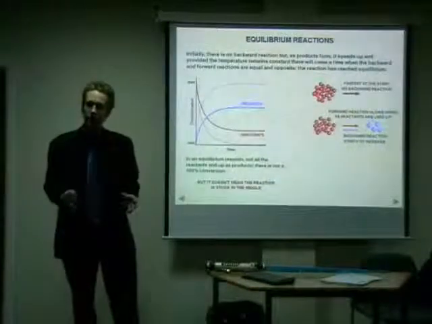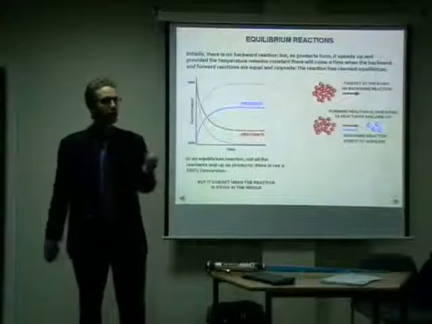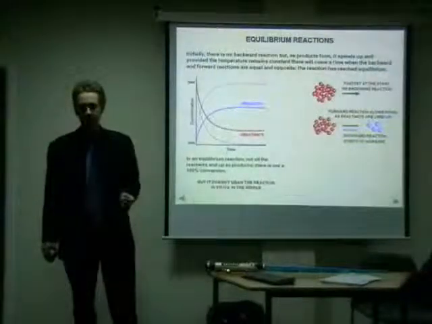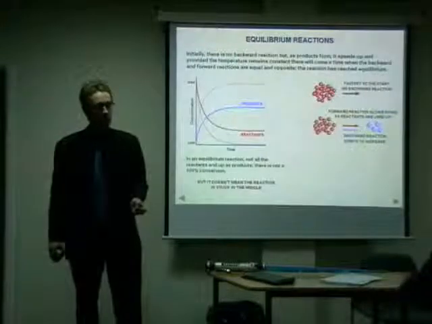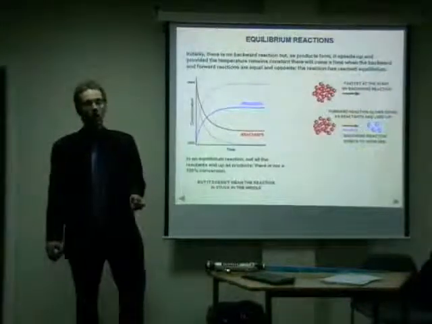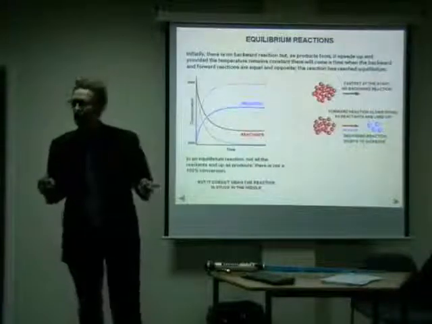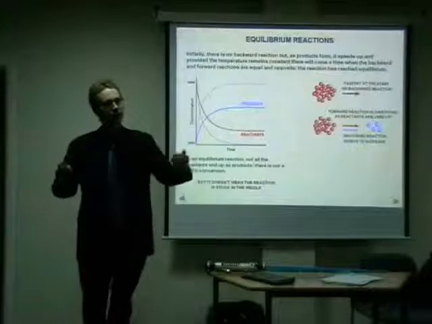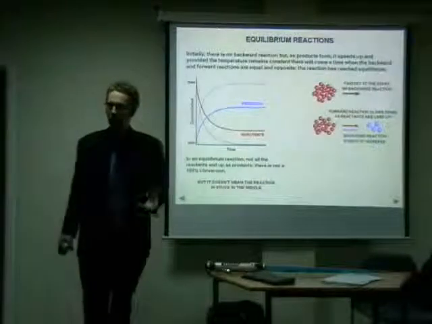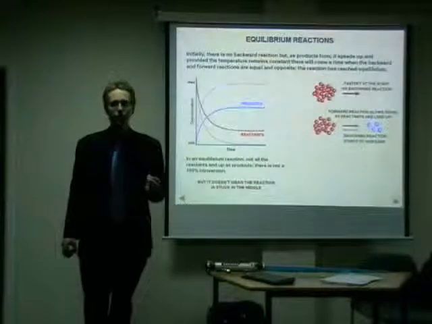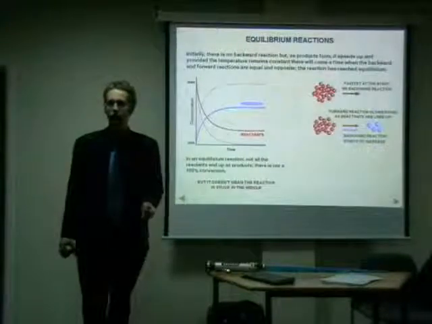And it's important to note that the total number of moles of product and reactant stays the same, but also the reactions are still occurring. The products are turning into reactants, the reactants are turning into products. If those reactions are both occurring and the total number of moles stays the same, what must be true of the rate of the forward reaction and the rate of the backward reaction?